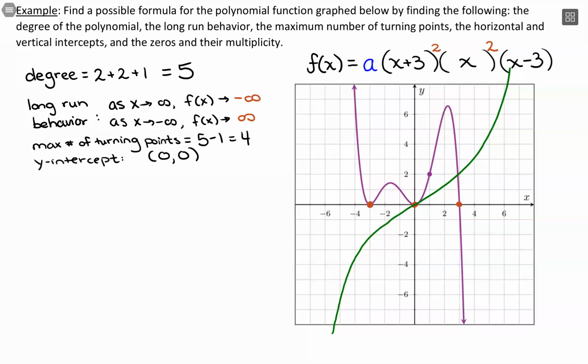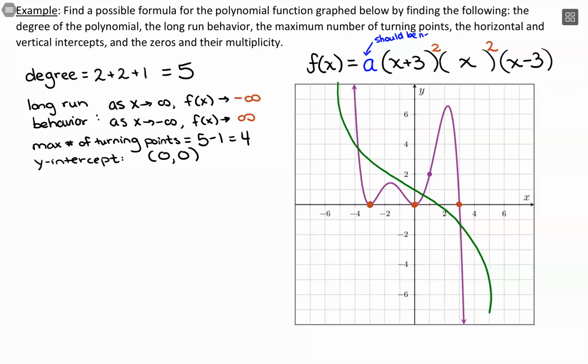That's the general shape. As we can see, ours is doing the opposite. If I ignore the short-run behavior, ours is going the other way, from positive infinity to negative infinity. So what that tells me is that when I find a, it should be negative. That's going to give us that flip that I showed us in that first video.